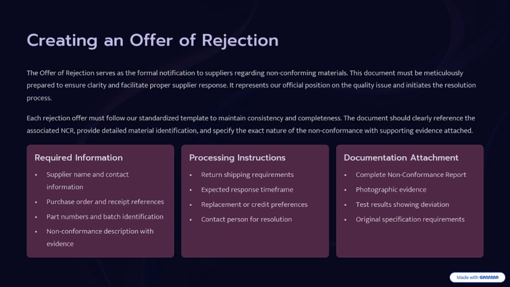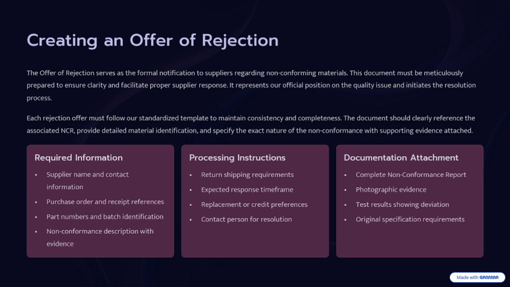So, creating an offer of rejection. The offer of rejection serves as a formal notification to the supplier regarding non-conforming material. This document must be meticulously prepared to ensure clarity and facilitate a proper supplier response. It represents our official position on the quality issue and initiates the resolution process.